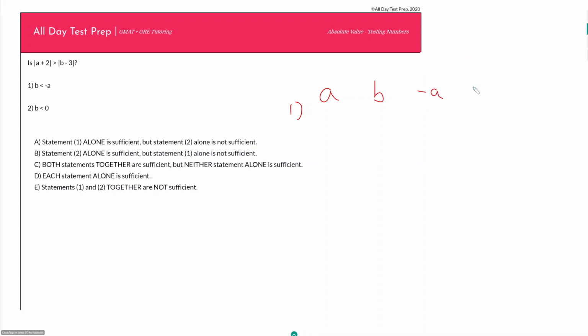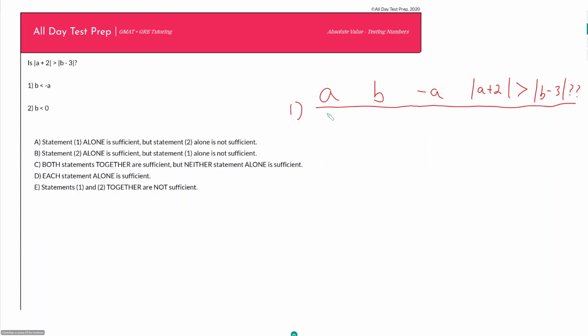Then we need to answer our question. Is the absolute value of a plus 2 greater than the absolute value of b minus 3? This really is our criteria. This is where we're going to put either a yes or a no. I always put the question marks here so I know this is our hypothesis.